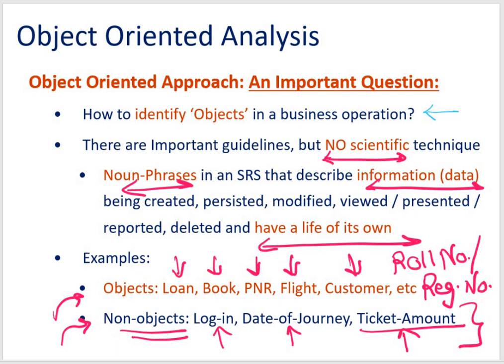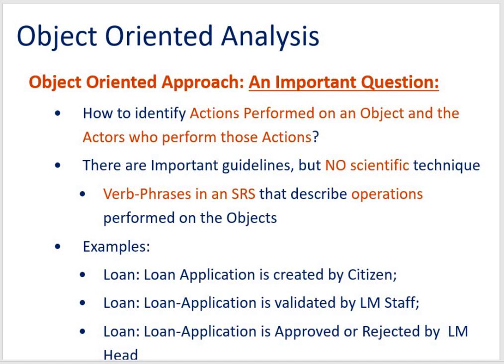Date of journey can be common for several people, and on the same date I can have multiple journeys as well. So these things are non-objects. I cannot consider these. These are not unique. My book number will be unique, PNR will be unique, roll number will be unique, registration number will be unique, right? Customer ID will be unique. And these things can be considered as objects.